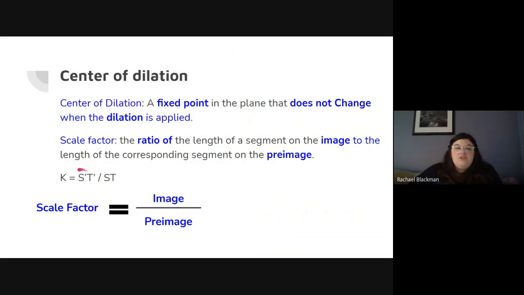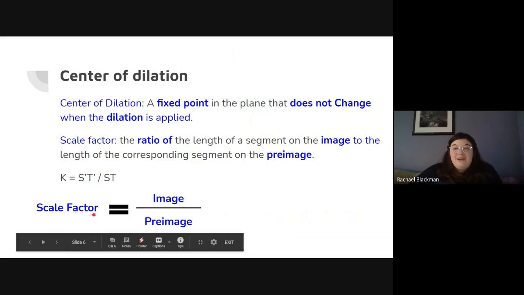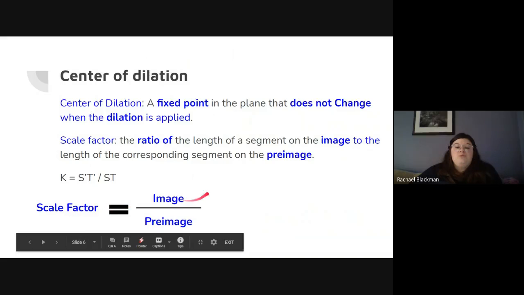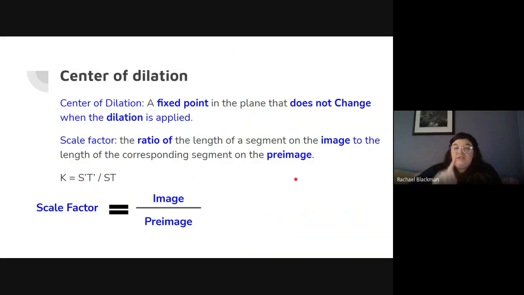So we're looking at the ratio between our image to our pre-image. All right, so that's using some general letters, or I would get this part down. Scale factor is equal to image over pre-image, right? We have that ratio. Maybe it's length of a segment, right? Maybe it's coordinates of a point. Scale factor is the ratio between your image and your pre-image. Pause if you need to. We're going to use this little formula here in just a second.